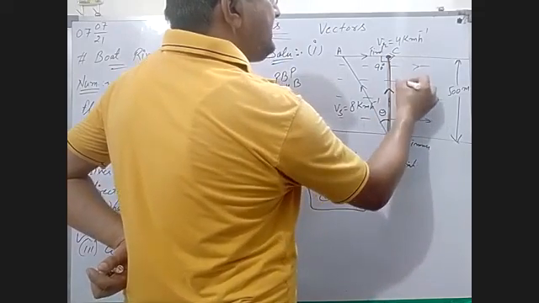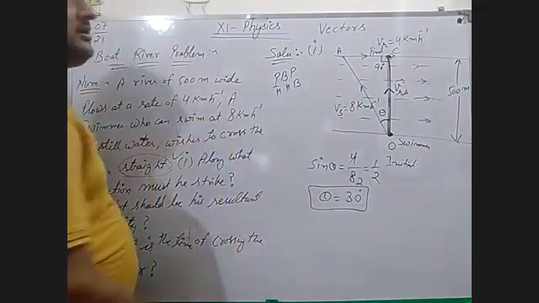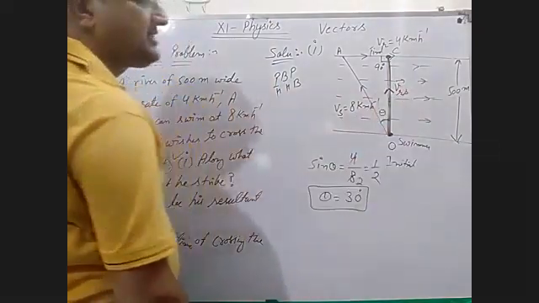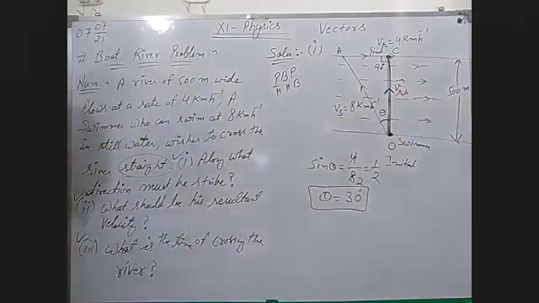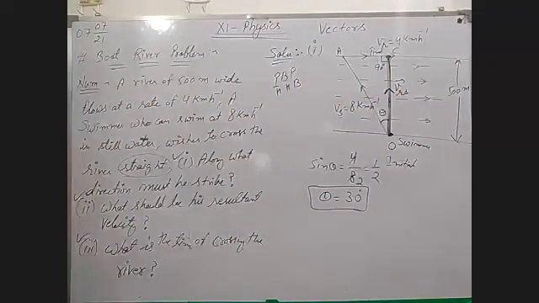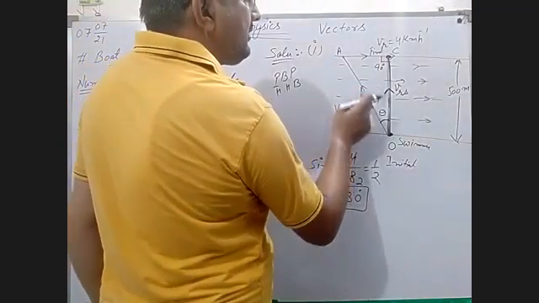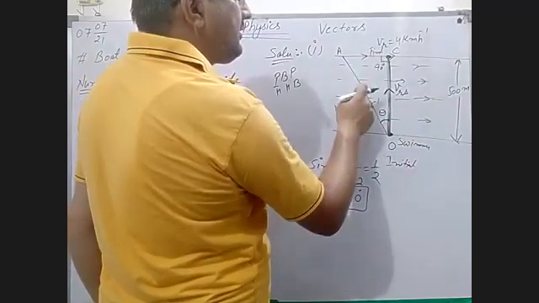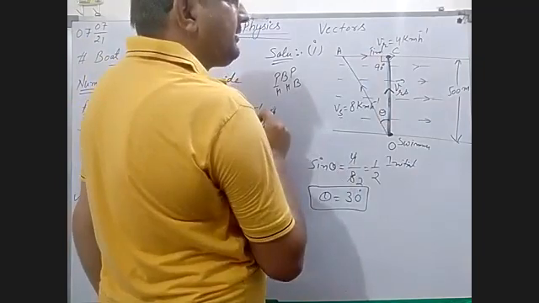How can you calculate this VRS? This is the right angle triangle, and according to Pythagoras theorem or resultant triangle law, you can also apply here.